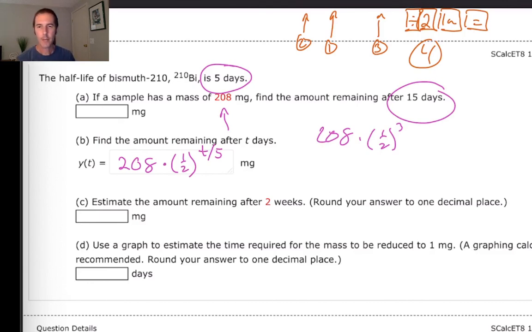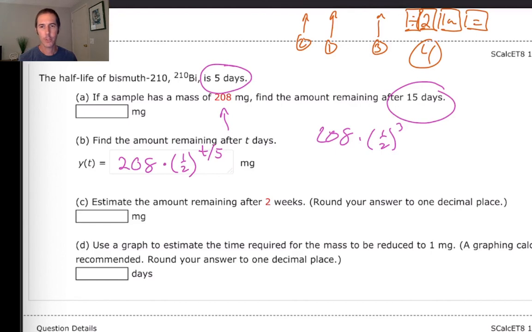Use a graph to estimate the time required for the mass to be reduced to 1 milligram. You can do that using a grapher and use intersect mode. I'm not going to demonstrate that here on a TI graphing calculator. You can certainly do it.